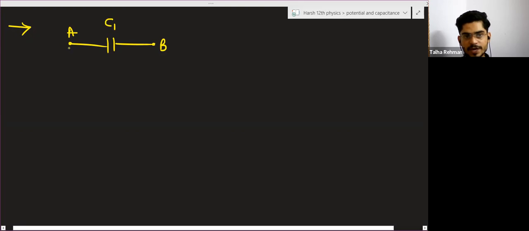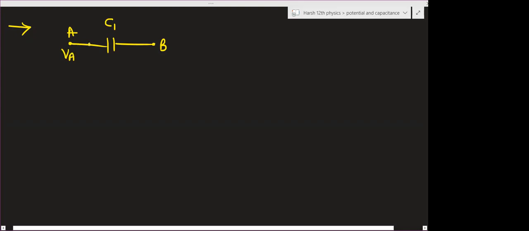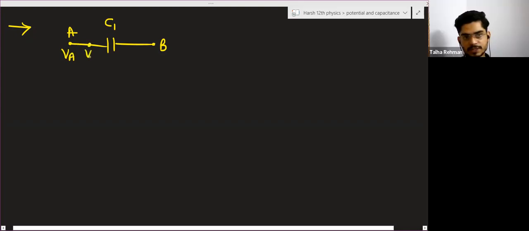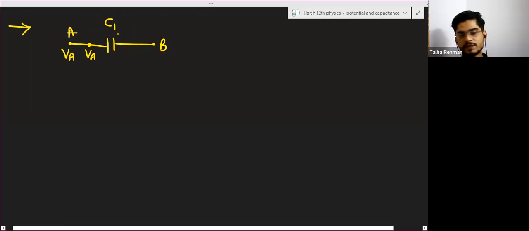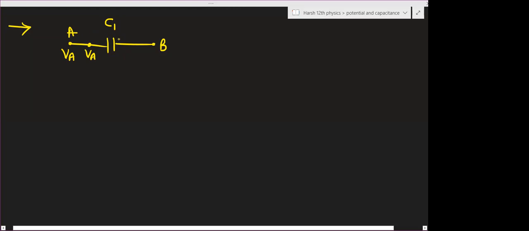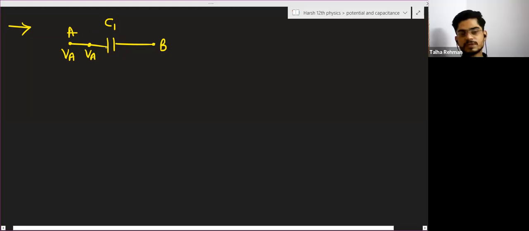So at this point A, the potential is VA, and at this point also the potential is VA. And when you cross this, there is a drop in the potential, because this device will take some charge, or you can say there will be some potential drop.